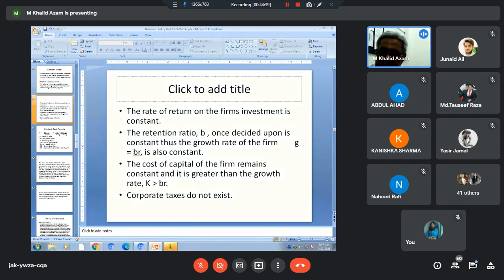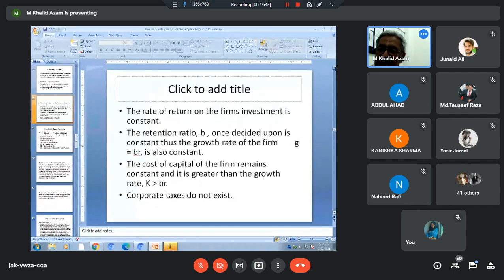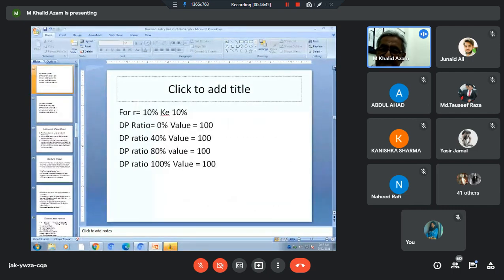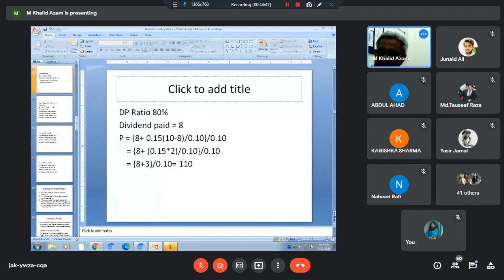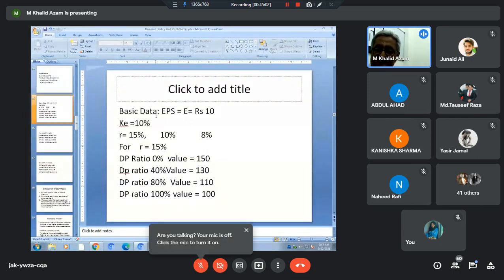So by using this formula, you can use the basic details here, and you will find that the value of the share will be changing. No doubt, the figures are not going to be the same. Figures will be different because you have considered the growth rate. So due to that, the formula is also not the same. But the value is going to follow a similar pattern.